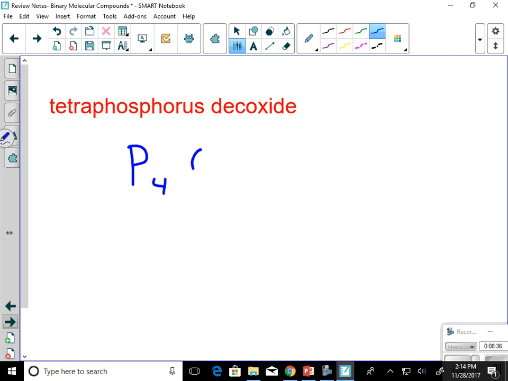I know my second one is oxygen because of the oxide. How many oxides do I have there? 10. So P4O10 is tetraphosphorus decoxide. Now, one question you might ask yourself is, do I need to reduce these? Because I could reduce that by taking out a 2, couldn't I? Don't reduce them. Okay? We do not reduce these.